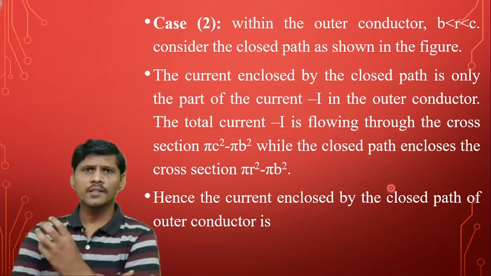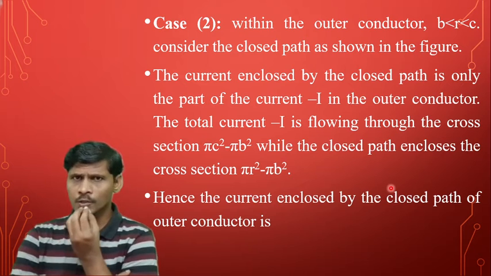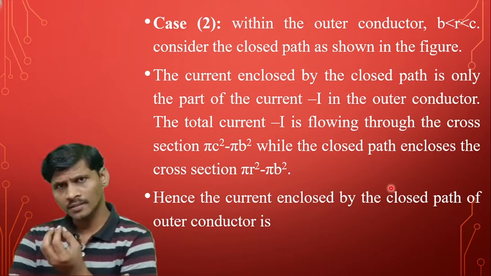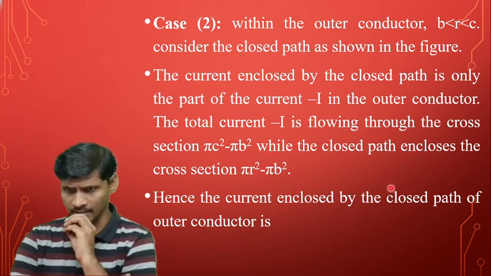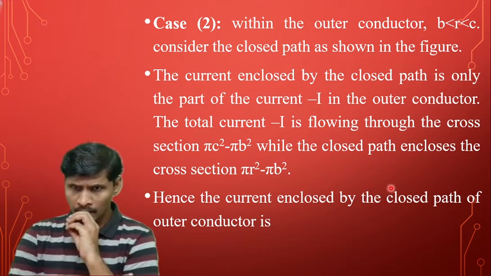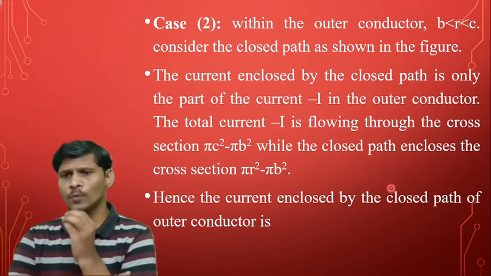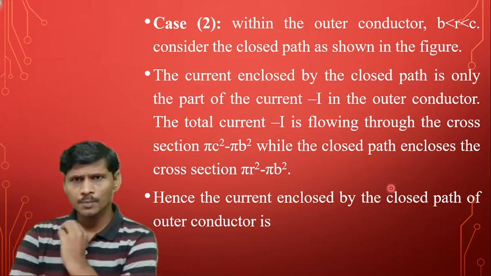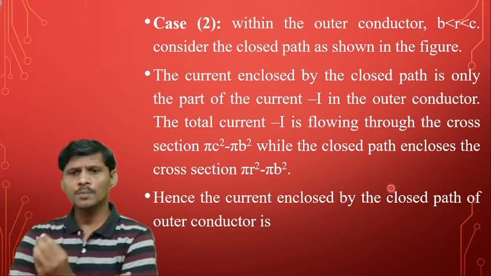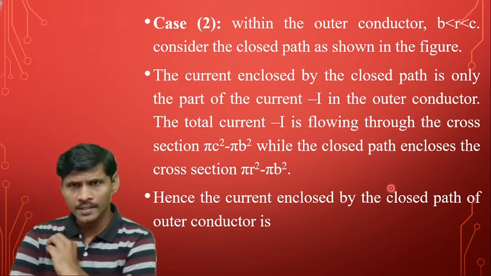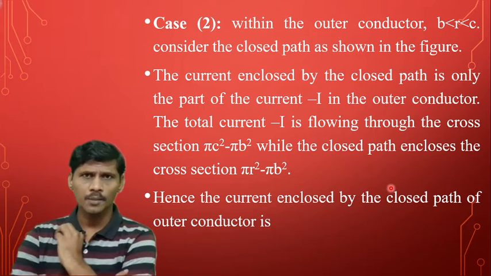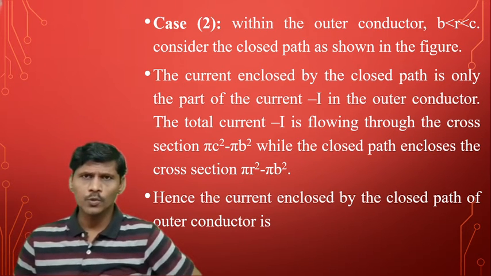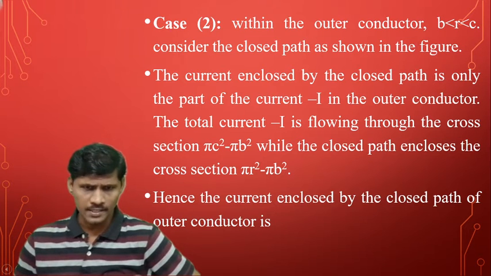Minus I is uniformly distributed current in the outer conductor, and I is the current uniformly distributed in the inner conductor. Hence, the total current enclosed by the closed path is considered.